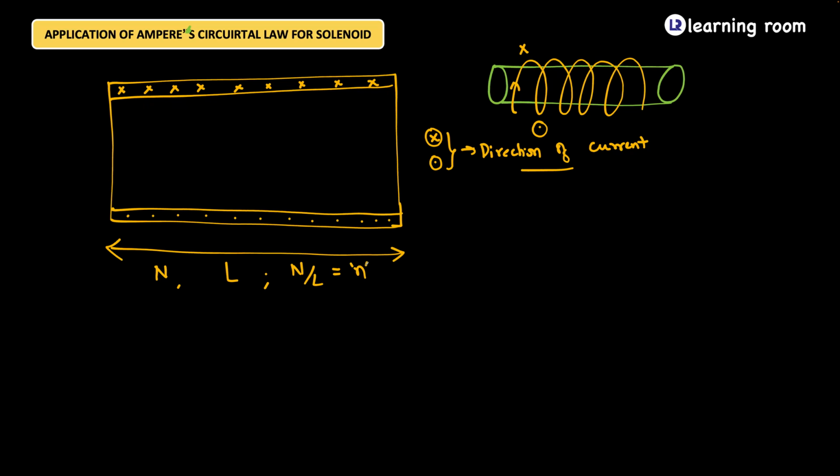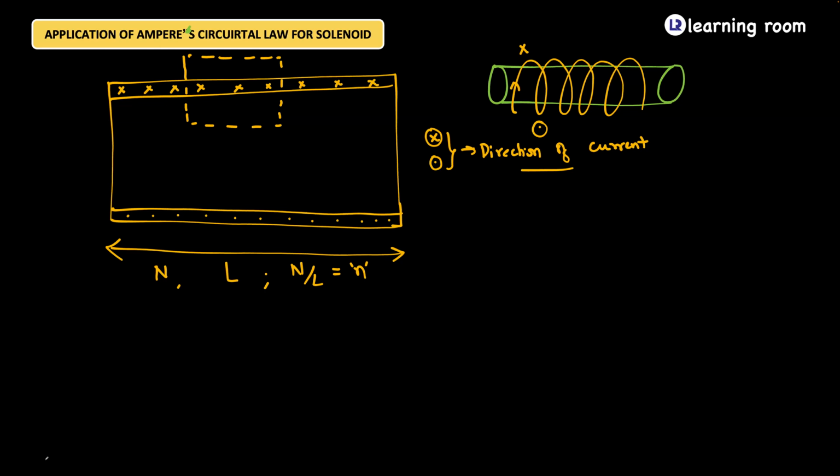So if I look at this rectangular shape, I'll consider an Amperian loop in such a way that it is going to be a rectangle, because for a rectangle, the other symmetric shape I can think of is another rectangle only. No? I'll consider the rectangle in such a way that half the portion is inside the solenoid and half the portion is outside the solenoid. Right? So half the portion is going to be out of the solenoid.